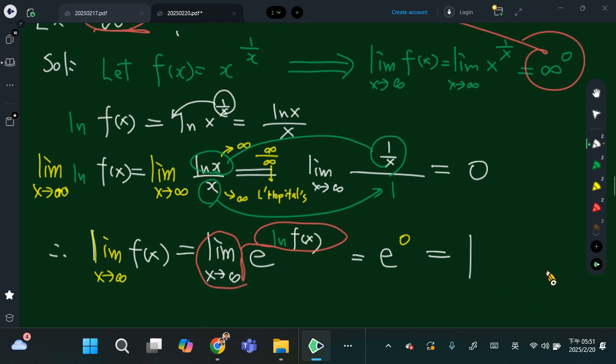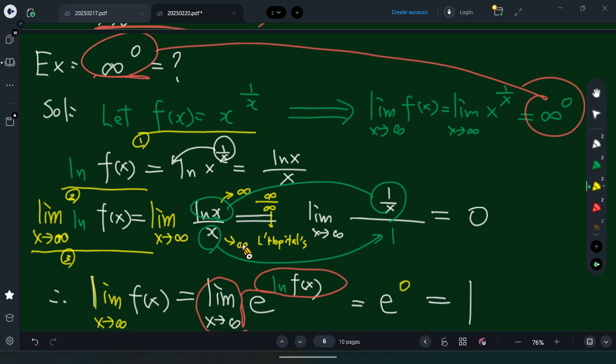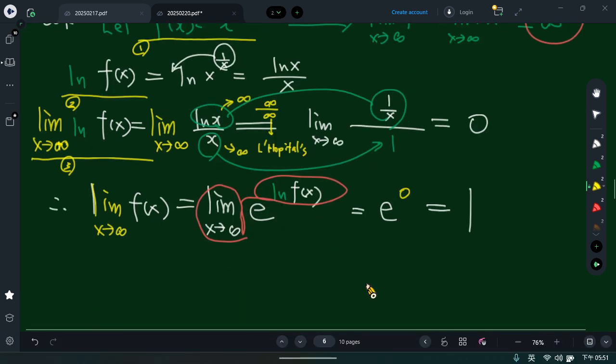You can see we apply the rule: first, set the function; second, take the ln value and move the power to the ground; third, calculate its limit; fourth, go back to the original request.